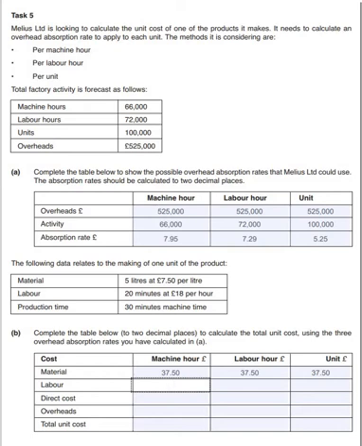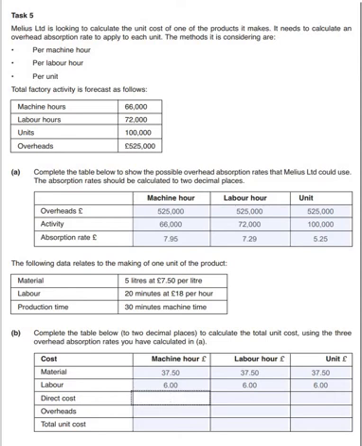Now 20 minutes is 1/3 of an hour, so we need 1/3 of 18, or £6. Okay, so it works out at £6 worth of labour per each unit. And that's no matter what method we're using.